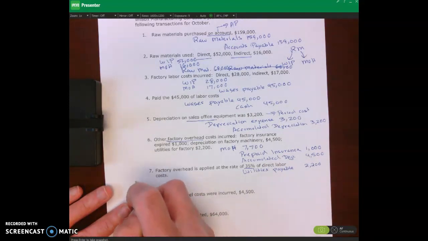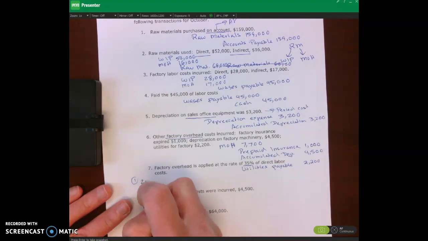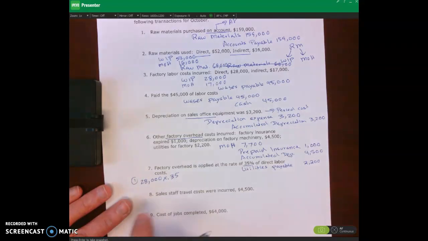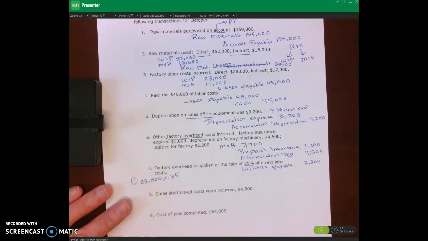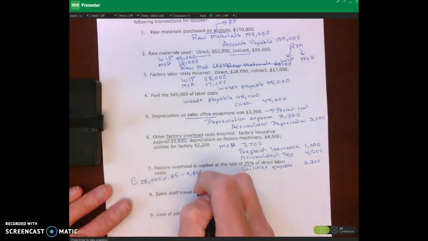So we have $28,000 of direct labor. So the first thing we have to do is calculate how much overhead we will apply. 28,000 times our predetermined overhead rate of 35%, or 35 cents for every dollar of direct labor, gives us $9,800.